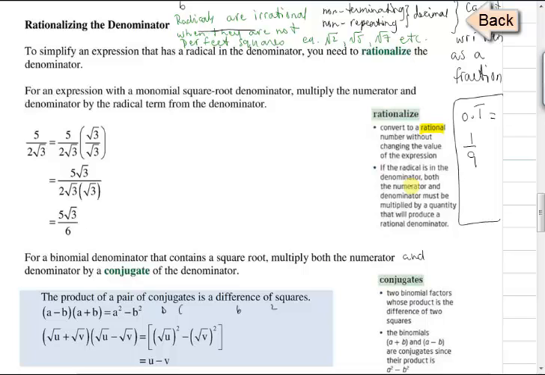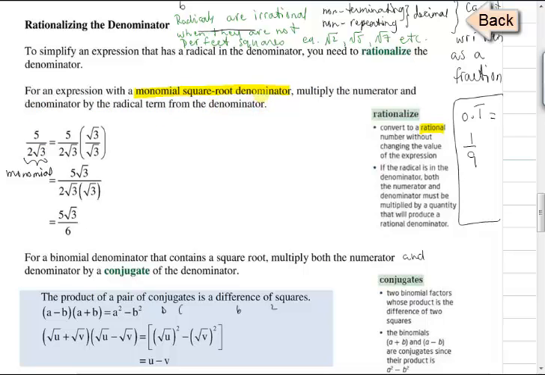We have 5 over 2 root 3. So for an expression with a monomial square root denominator, which we have here, and it's in the denominator and it's a square root, you want to multiply the numerator and the denominator by the radical term from the denominator.